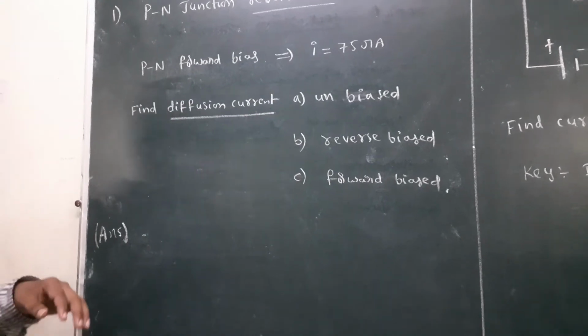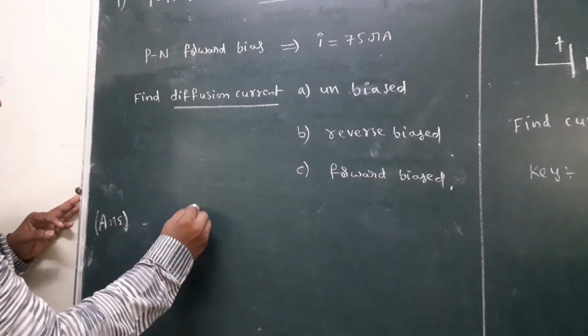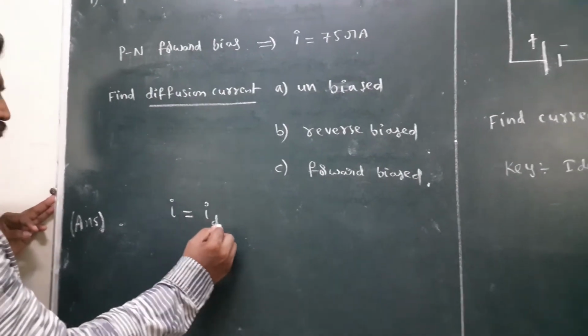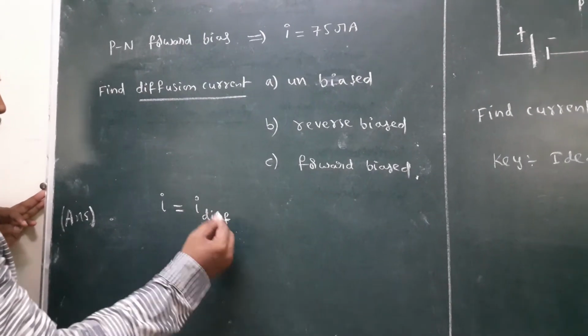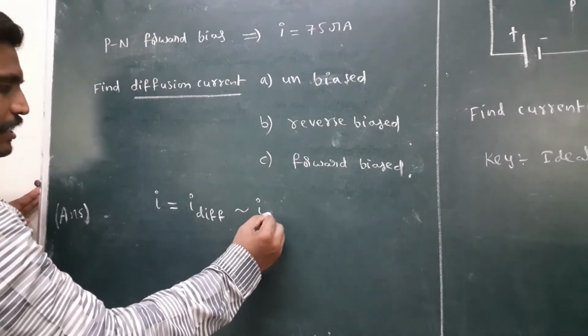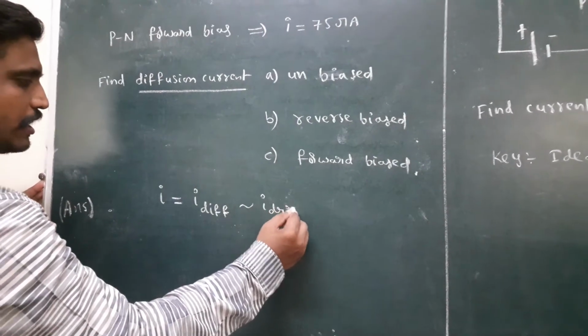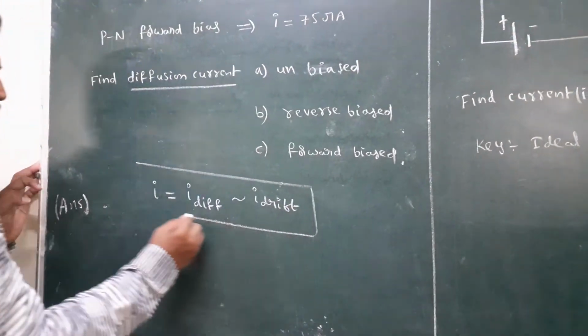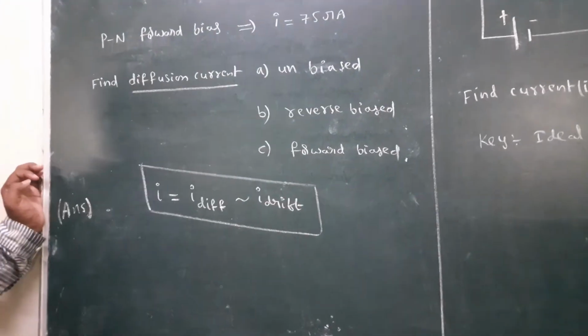Okay, generally in the PN junction diode, the current is I diffusion minus I drift. The total current in the PN junction diode is nothing but the diffusion current minus the drift current.